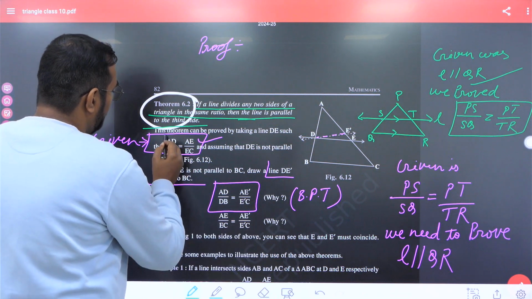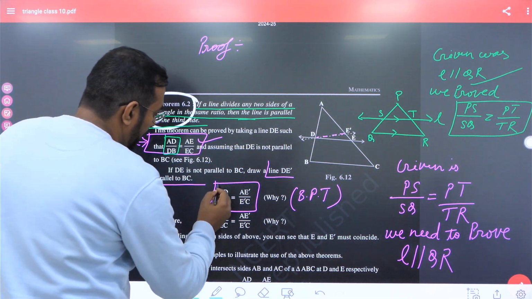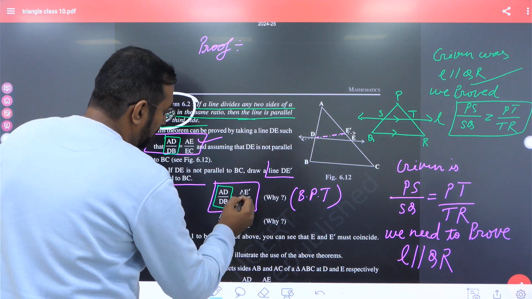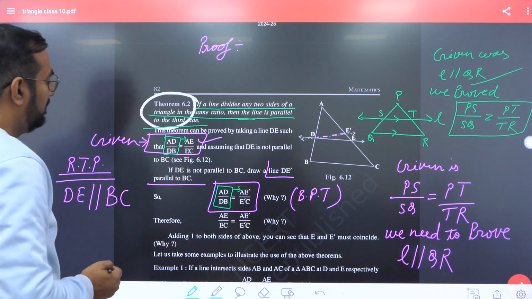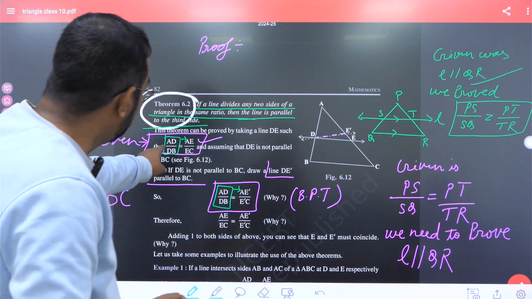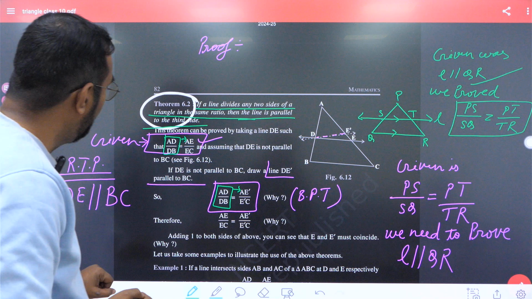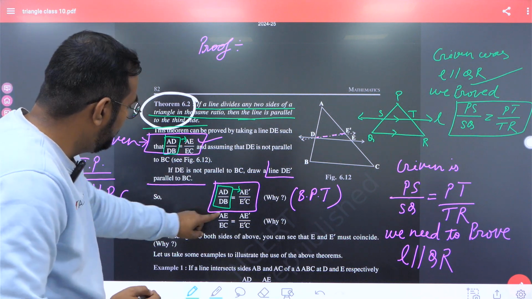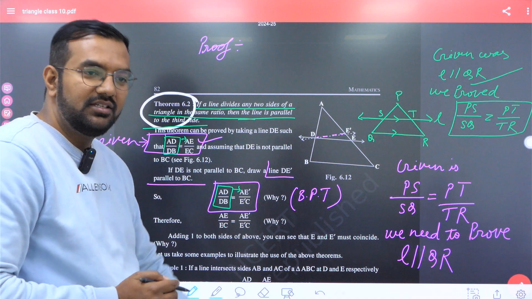So by watching these two equations, we can say that AE upon EC is equal to AE dash upon E dash C.